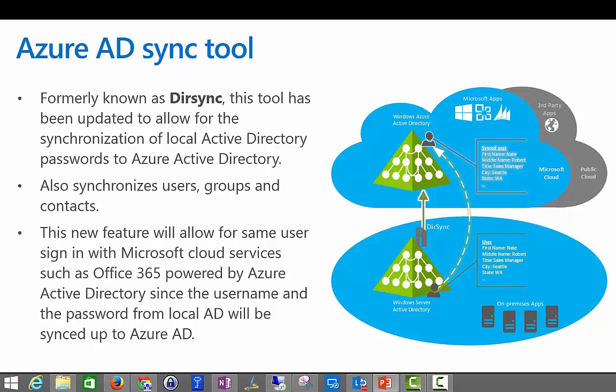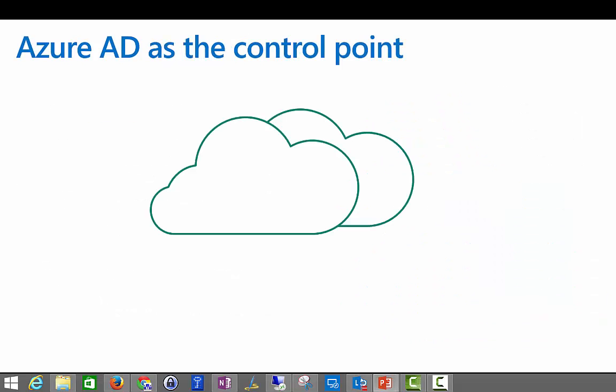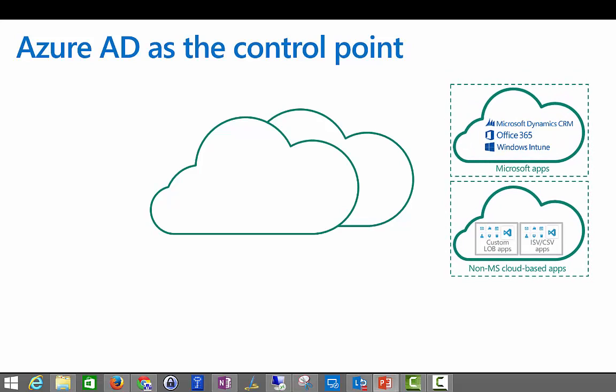So now we've got one local AD, which we're copying up to Office 365 and Azure. This means that we can now look at identity. We need to solve identity for CRM, Office 365, potentially Intune. We've got custom line of business applications and things written by developers, non-MS cloud-based apps.